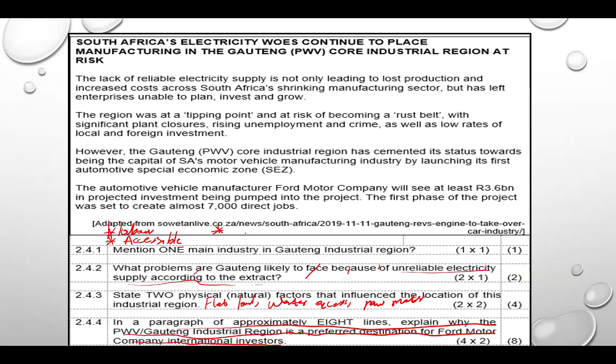And then you look at the market. It has got a market. We look at the availability of raw material that makes the industries function there. You look at the infrastructure that is available for the transportation of goods.